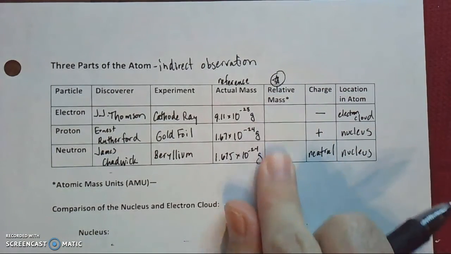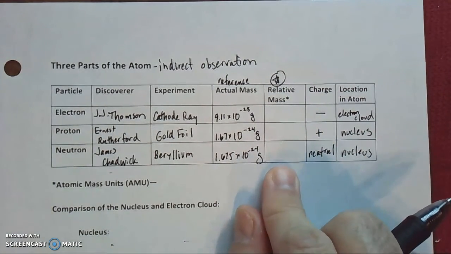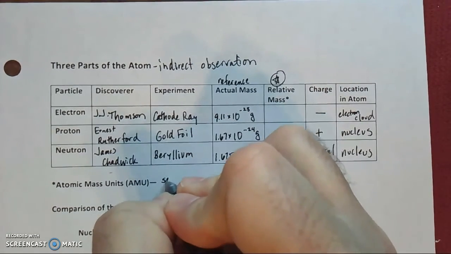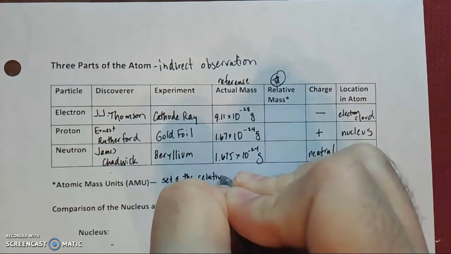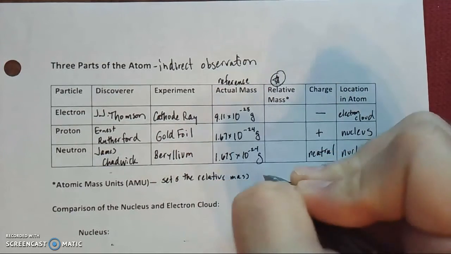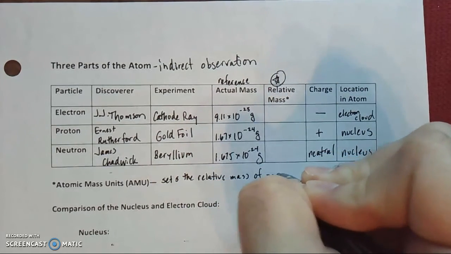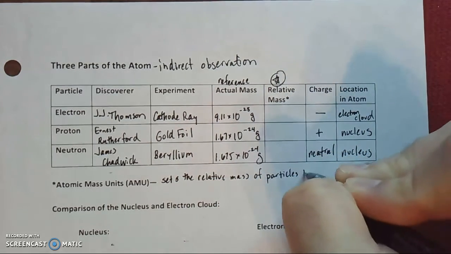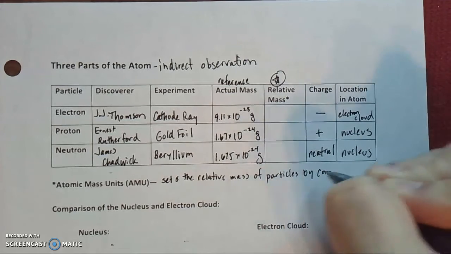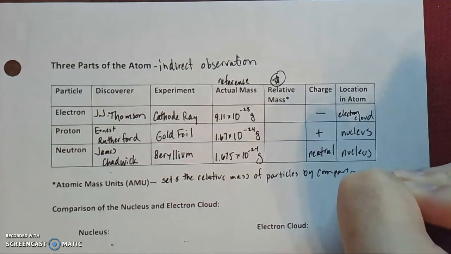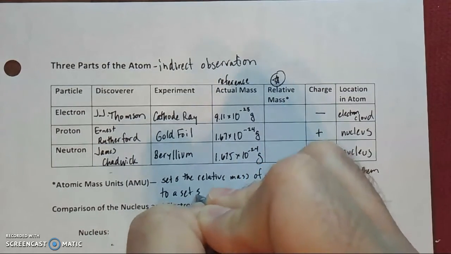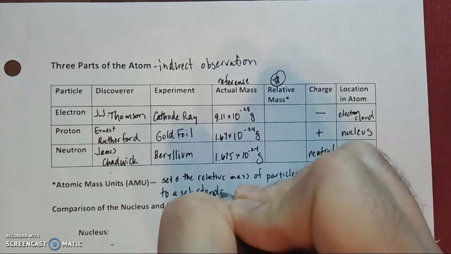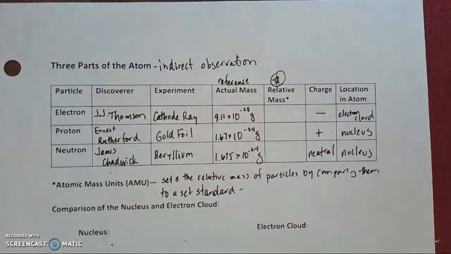So coming back to this column, the relative mass, this is going to set the relative mass of particles by comparing them to a set standard. So we have to define something, just like we did in the metric system.